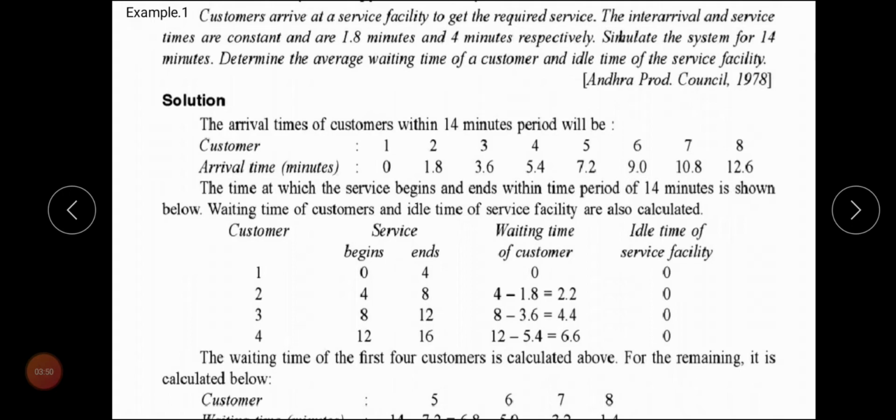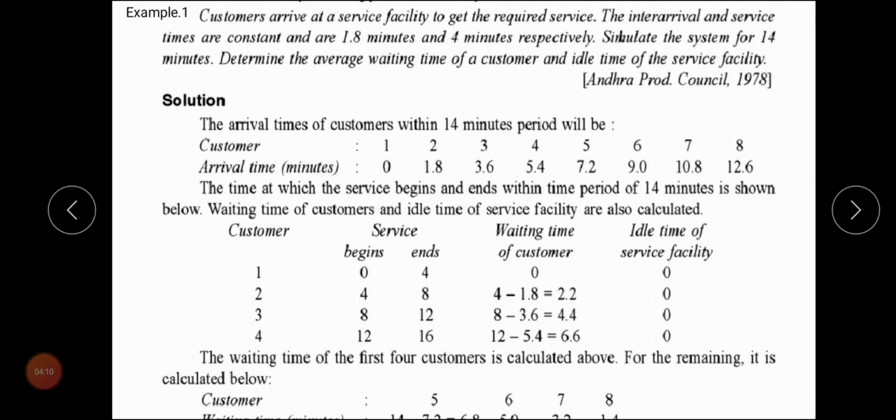What about the 9th customer? 12.6 plus 1.8 is 14.4, which exceeds 14 minutes. So you consider only 8 customers, as simulation is required for only 14 minutes.